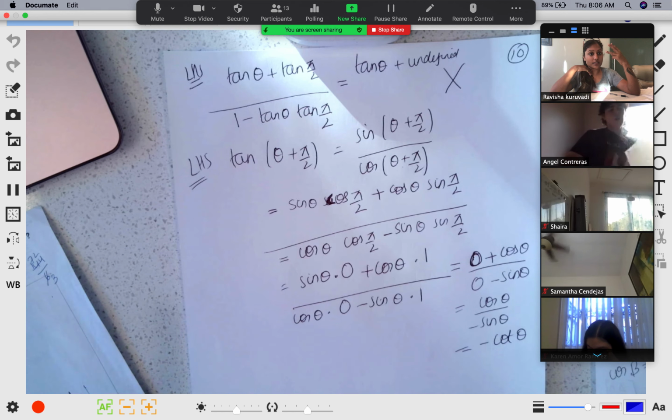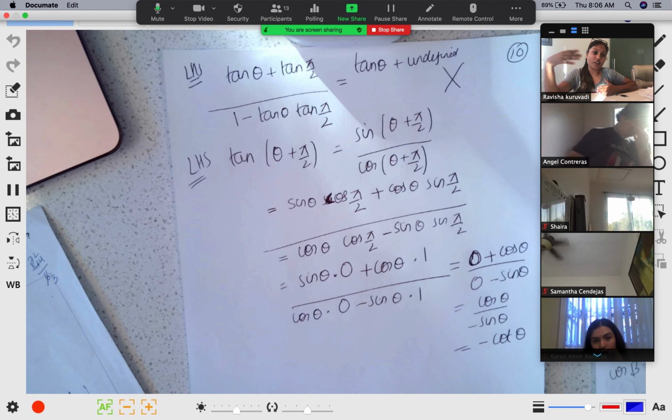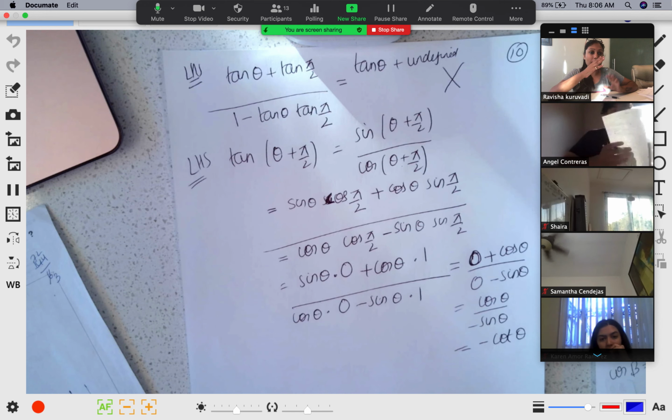Then the negative angle formulas. And today we did the sum and difference formulas. Make sure you make a sheet for yourself. For the exam, it will be much easier. Whatever formulas we did for sine, cosine and tangent, add them to your sheet. On Monday, I'm going to do more formulas, which are double angle and half angle formulas. So make sure you are present on Monday also.